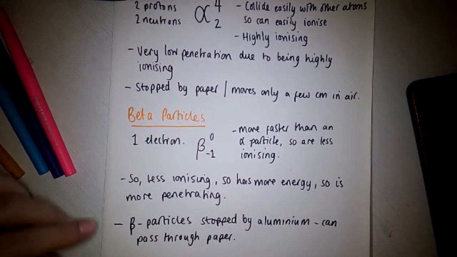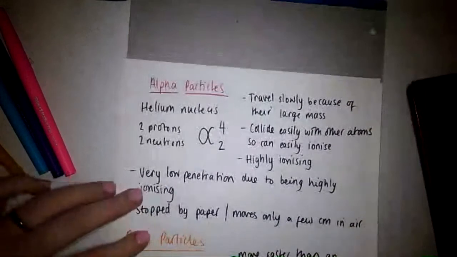Right. So lastly, we have got our gamma wave, which I'm just going to change the paper for. Gamma wave. Right, and as we said before, they are an electromagnetic wave.